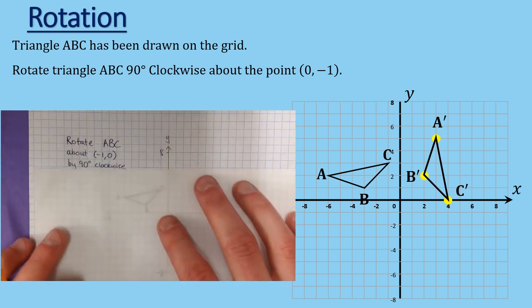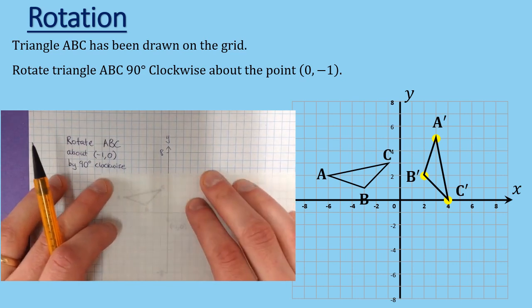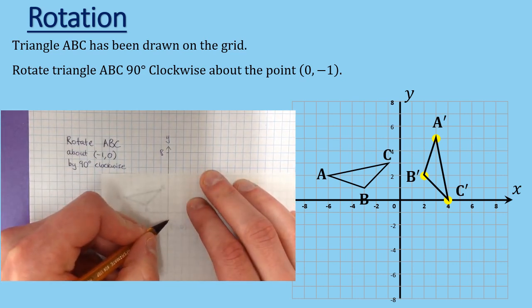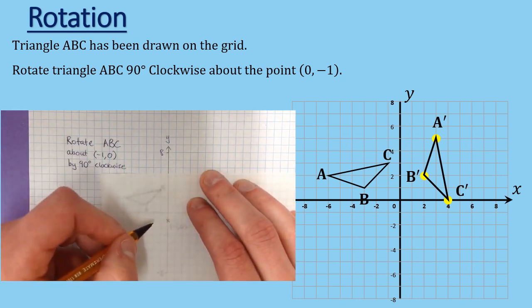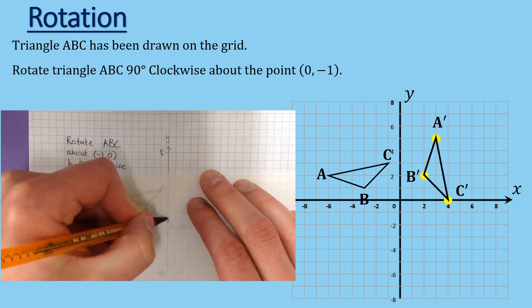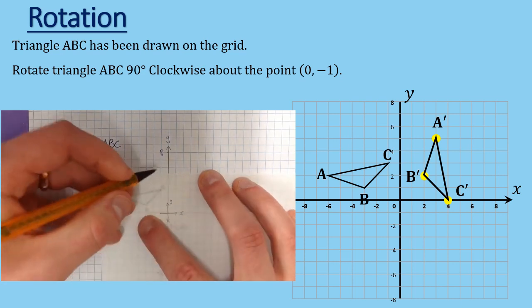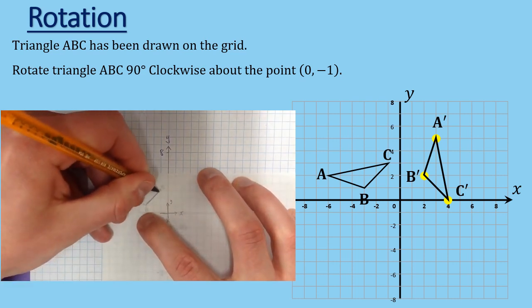Place the tracing paper over the coordinate grid. Using a pencil, mark out the center of rotation on the tracing paper and draw a line parallel to the x or y axis starting from the center of rotation. Draw the original shape on the tracing paper.